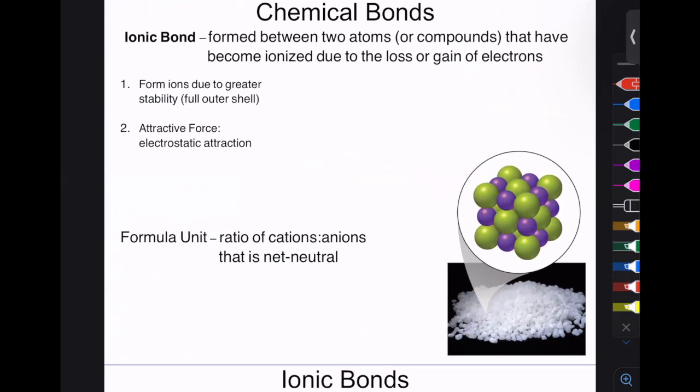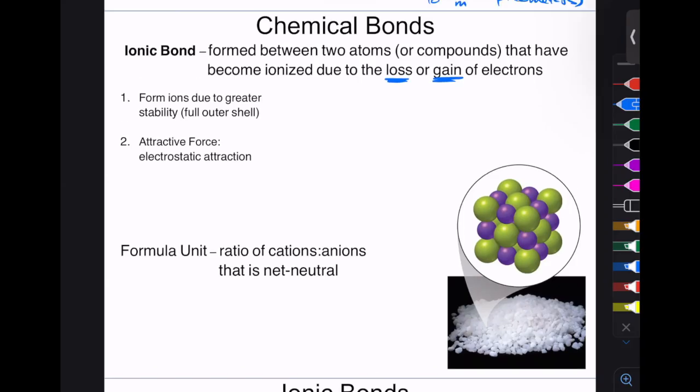So just to summarize some of the things that I already told you to get to this point, right? We form the ions. That's due to the stability gained by becoming isoelectronic with its nearest noble gas configuration. And that happens by either losing electrons or gaining electrons. When we form ionic bonds, it's actually a two-step process.